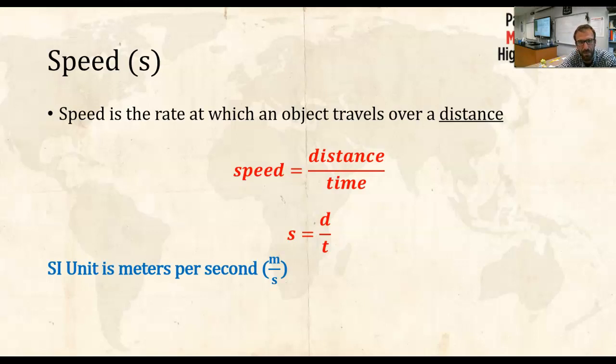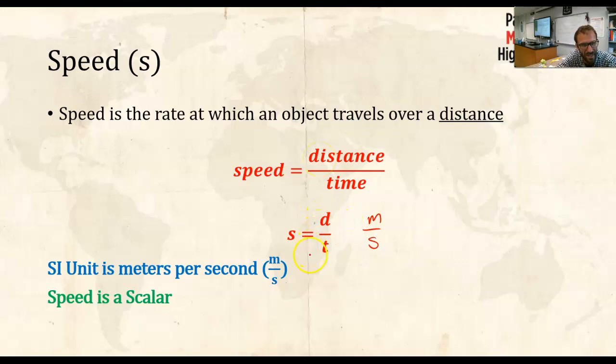It's still going to be in meters per second for speed, because it's still the distance. We're still going to measure the distance in meters and the time in seconds. So it's still meters per second, but it is a scalar because there's no little arrow here. And again, distance is a scalar. It doesn't happen in any direction. It's just how far an object has traveled.